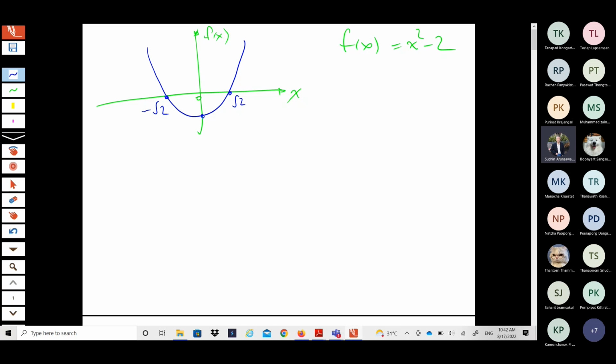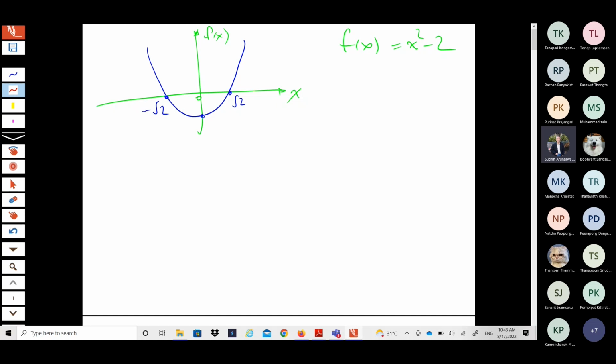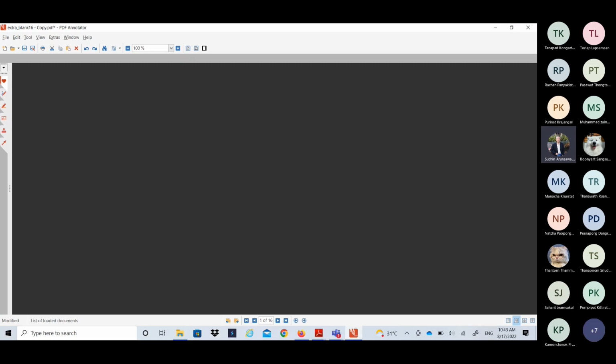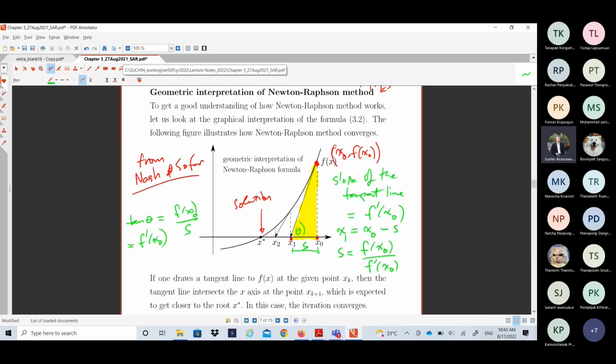Graphically, if the initial guess is positive, suppose the initial guess is on this side, larger than square root 2, then we know that it converges, like in the previous figure. Like this figure, it converges, right?